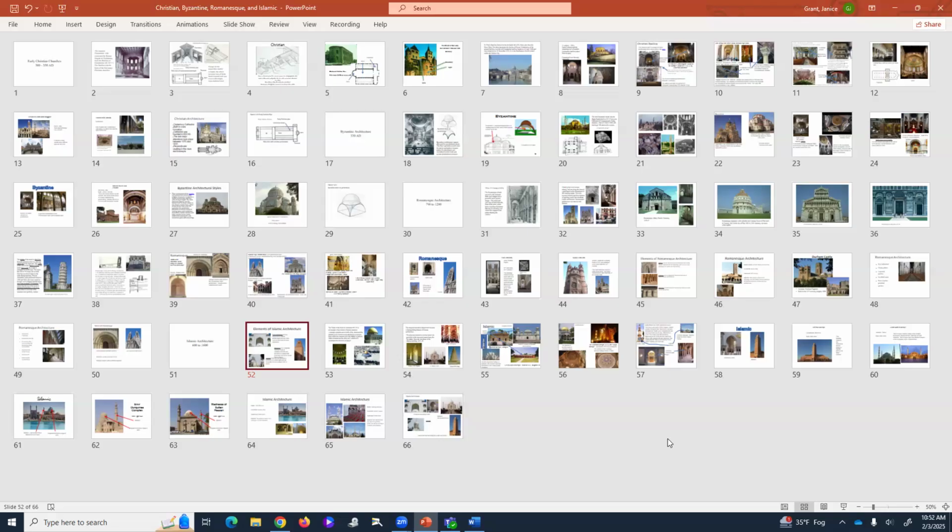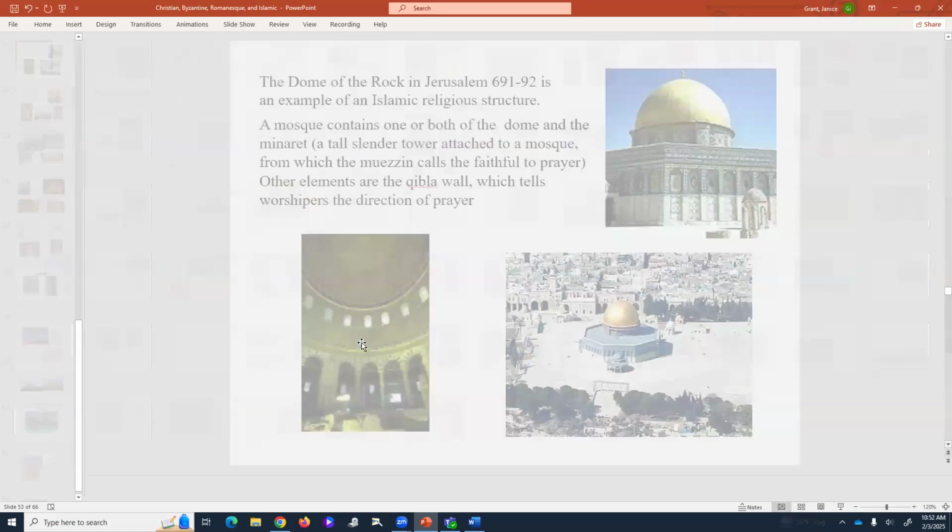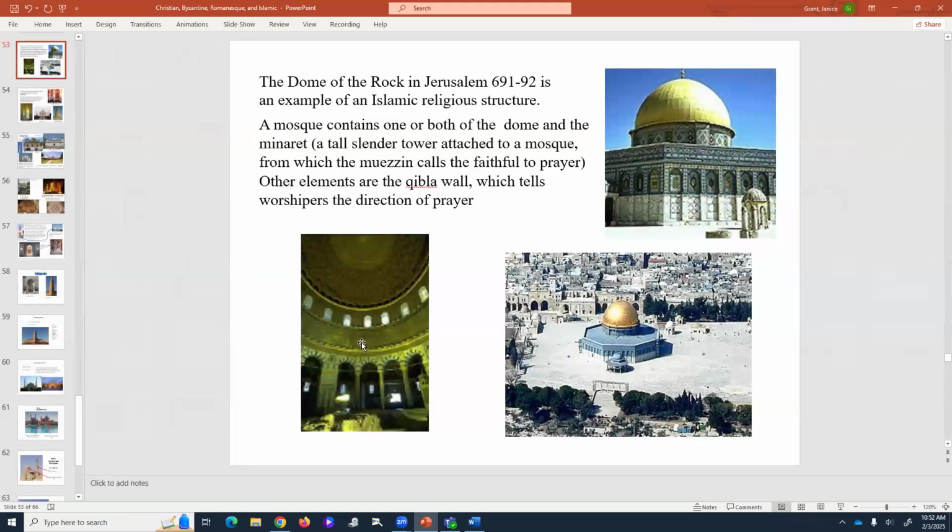Number 19, and where is it located? Jerusalem. Yep, Jerusalem.